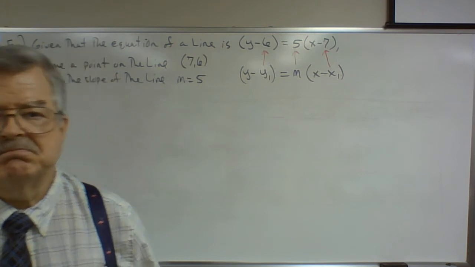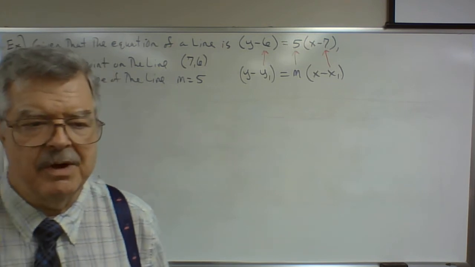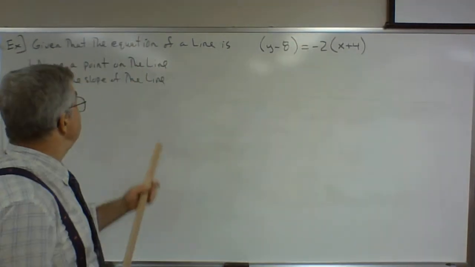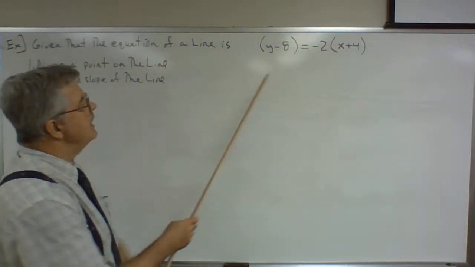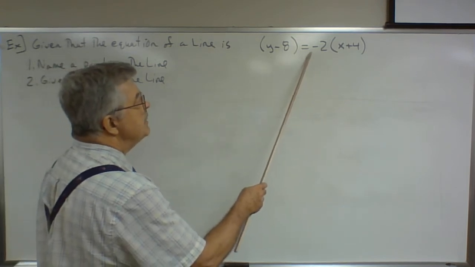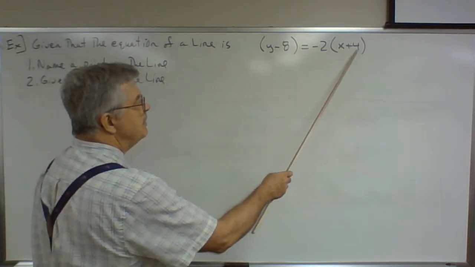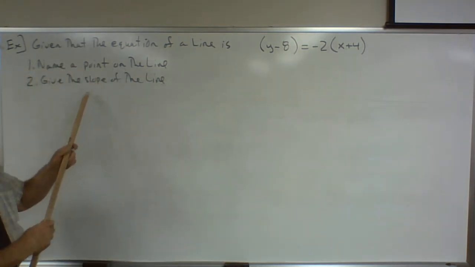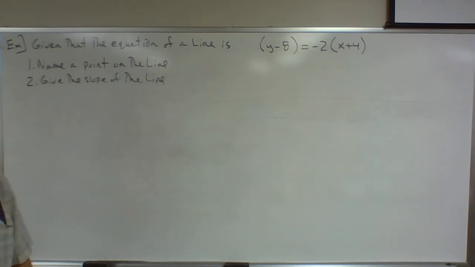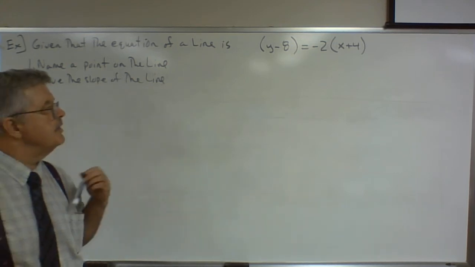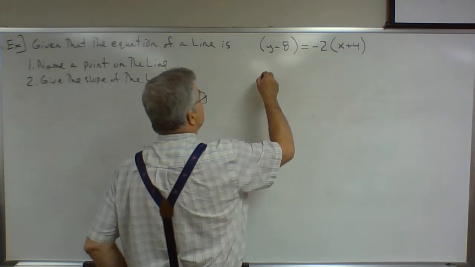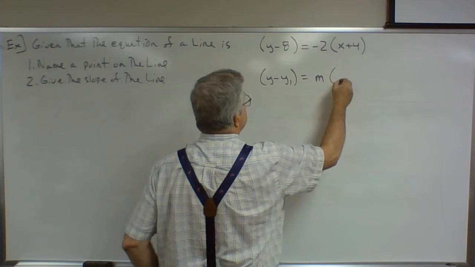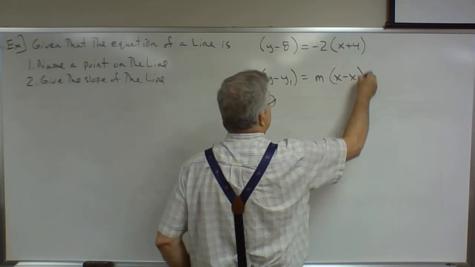Well, that was good. Let's try another one. Okay, given that the equation of a line is y minus 8 equals negative 2 times x plus 4, name a point on the line and give the slope of the line. And we compare this with a known form, y minus y1 equals m times x minus x1.